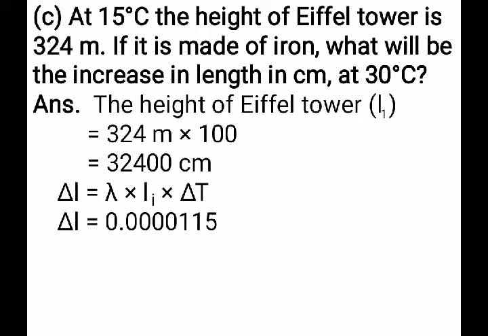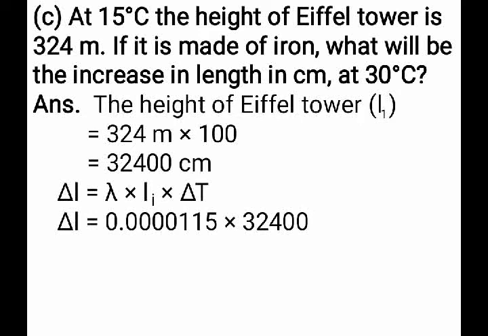What you got as answer? Initial length is 32,400. The height of Eiffel Tower, which is given 324 meter, I converted meter to centimeter after multiplying by 100, and that is the initial length 32,400 into delta T.